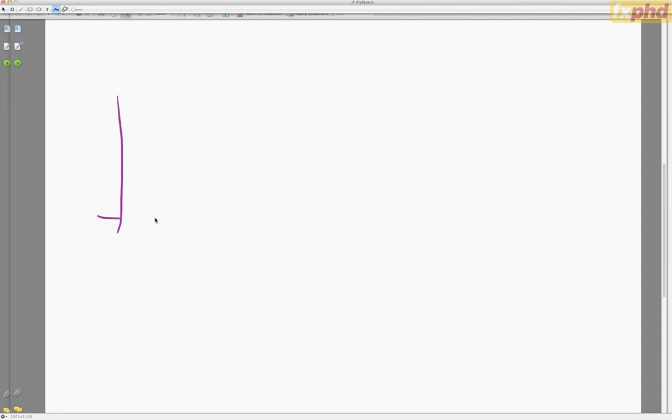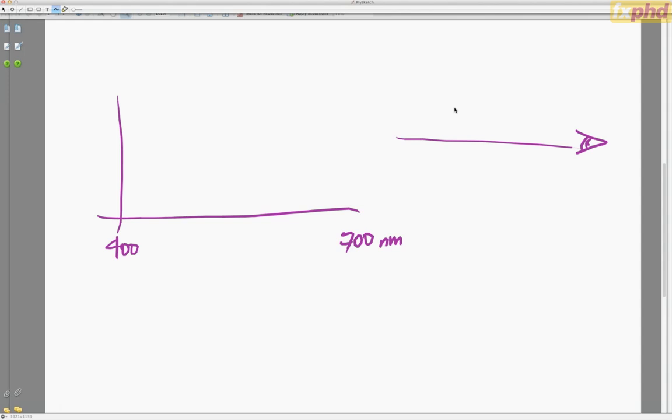Basically, if you've got the ability to generate light from 400 to 700 nanometers, the amount of light that the human vision system will see is weighted by the human vision spectral sensitivity. So there's an important curve. We usually call it little y bar, and that's the luminous efficiency curve of human vision.